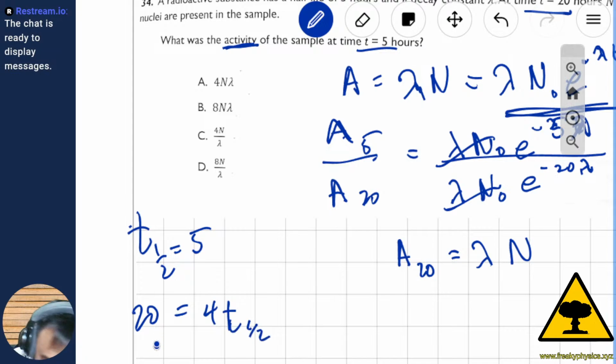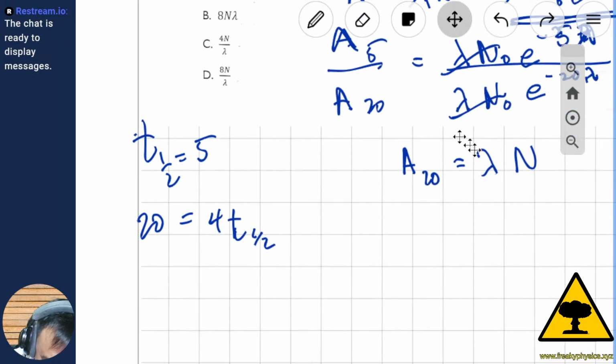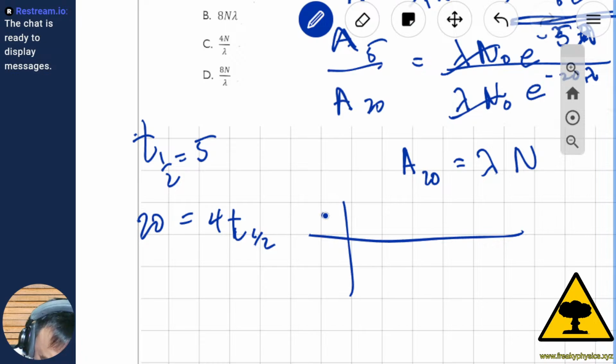So once we have a whole number of half-lives, what I do is I just double it. What I normally ask students to do here is set up a mini table to make it easier, or you can just do the math straight away. This is for those who are not so good with the math.